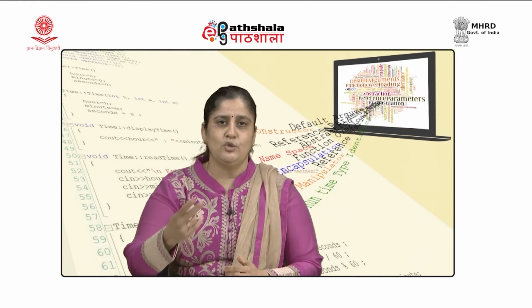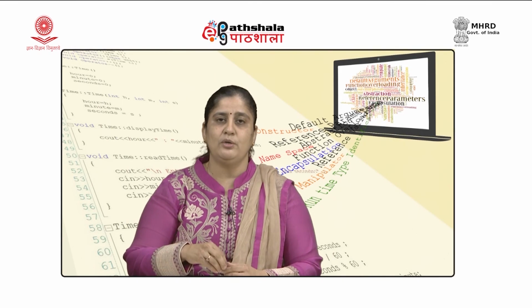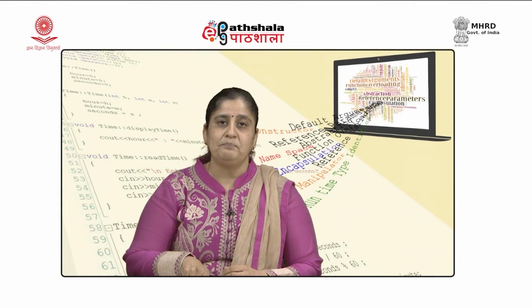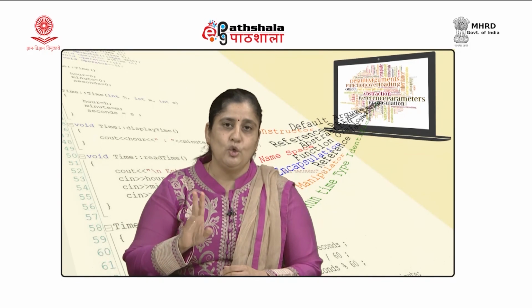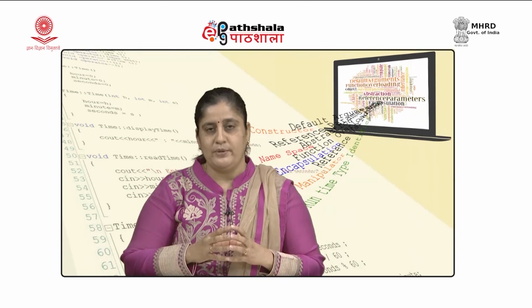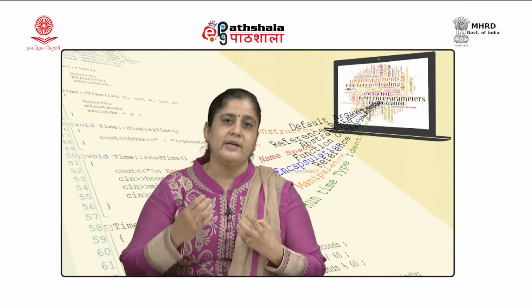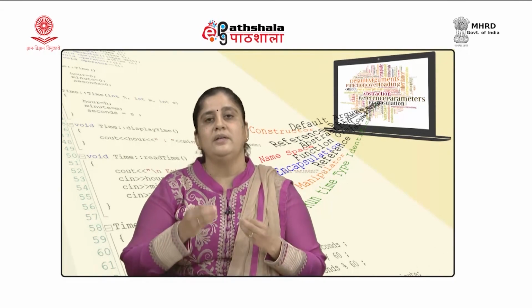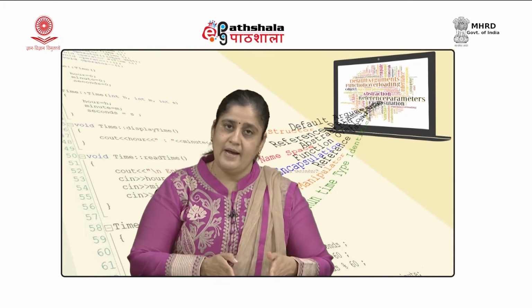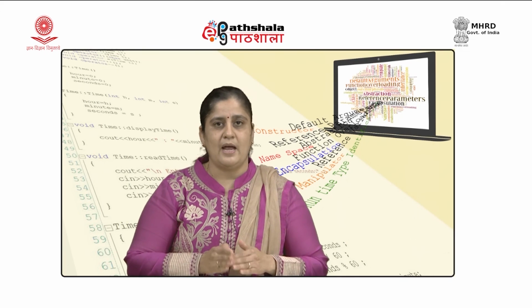Let us assume 2 bytes are required on our machine to store an address. In that case, time PTR will be allocated 2 bytes. So, it is not going to hold the time object. What it can store is the address of any time object. So, what can we assign into it? The address of any time object.